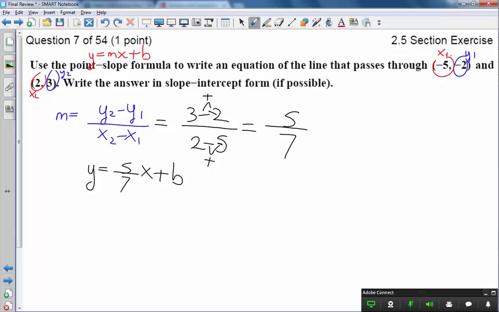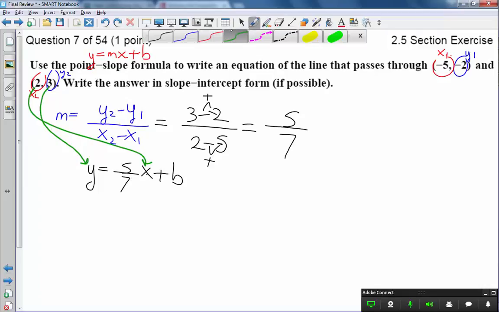Use one of these points, either first or second, in x and y, because those points are on this line, they must satisfy it. Put x equals 2, y equals 3, and solve for b. That's it. We will all be done.